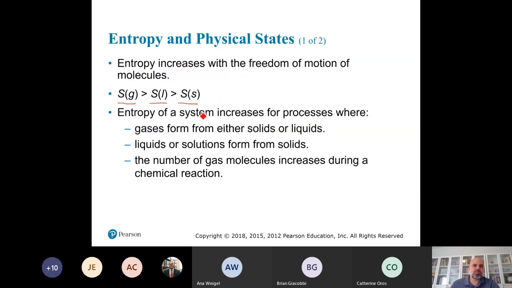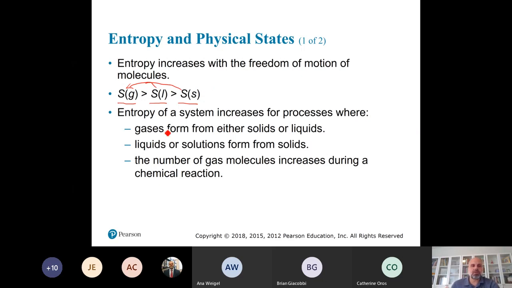So the entropy of the system increases for processes where gases form from either solids or liquids, right? So if you're going from a liquid state to a gas state, you're going to see a rapid increase in entropy, or even sublimation, right? Same thing. Sublimation gives you the exact same increase.